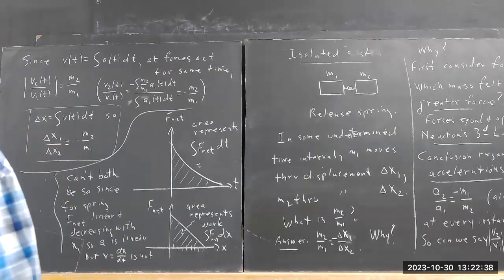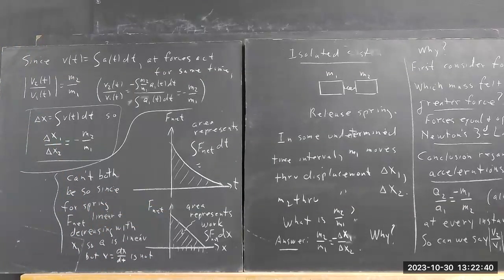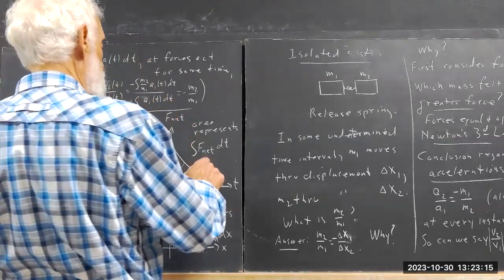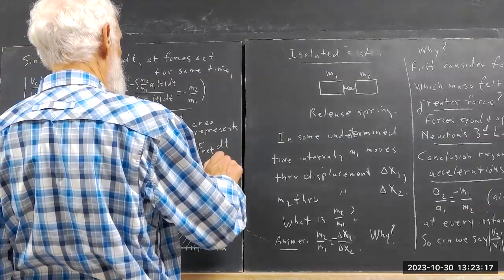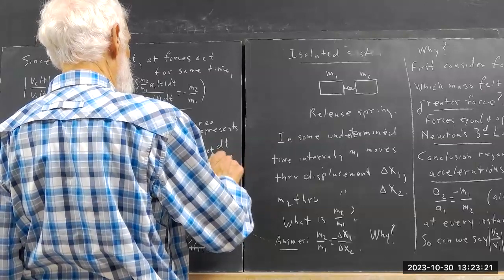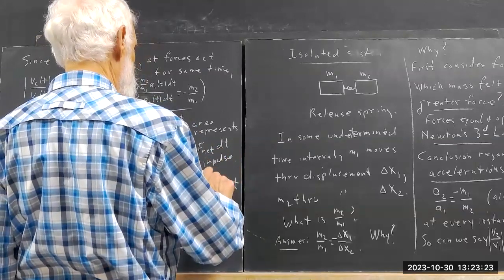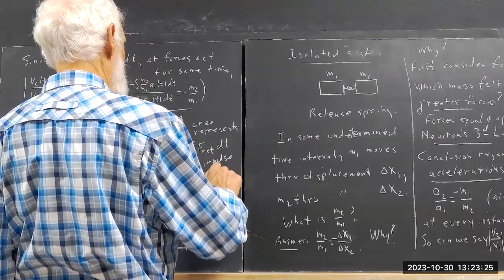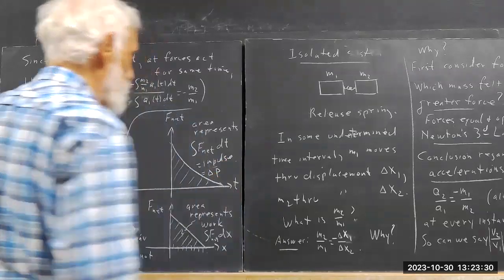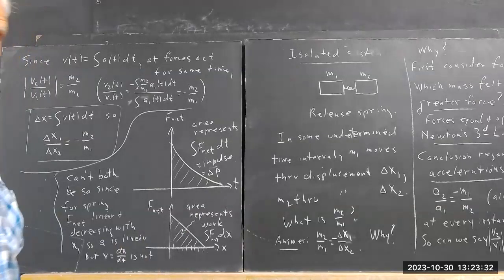Okay, hang on. Give you a chance for glory. So this represents the integral of F net dt, that's impulse. Now the word I got first was momentum. It's change in momentum.